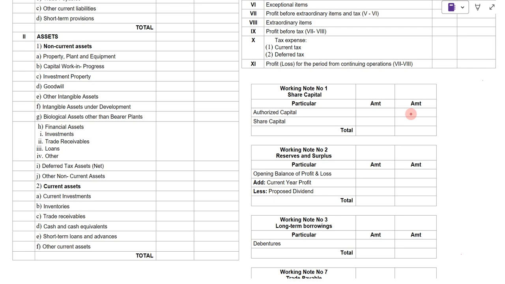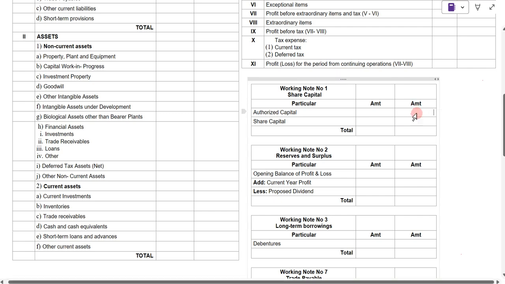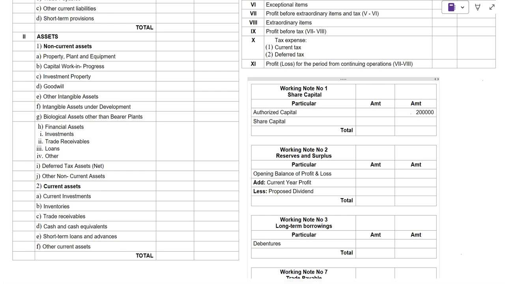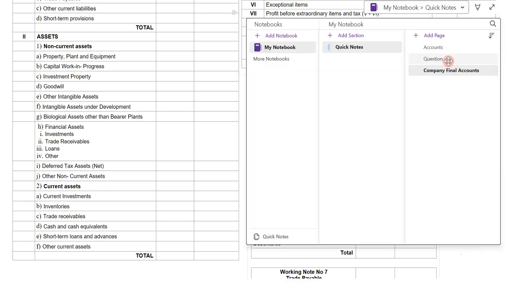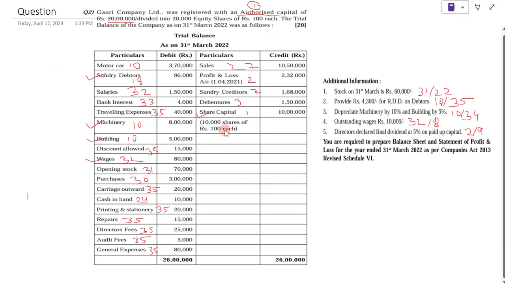What is the value of authorized capital? 20 lakhs. Now authorized capital you cannot take in the calculation of total. Authorized capital is 20 lakh. Now next is share capital.